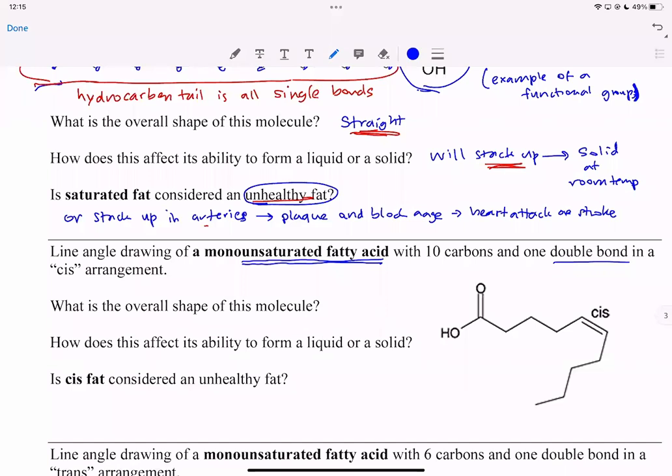So this shape is due to a double bond with what's called a cis arrangement. The cis arrangement has the hydrogens on one side of the double bond. They're both on the one side, and so it leads to a bent shape.